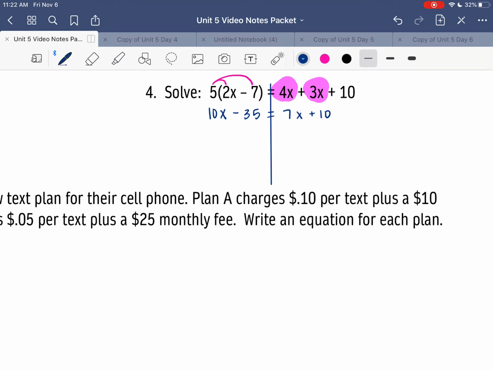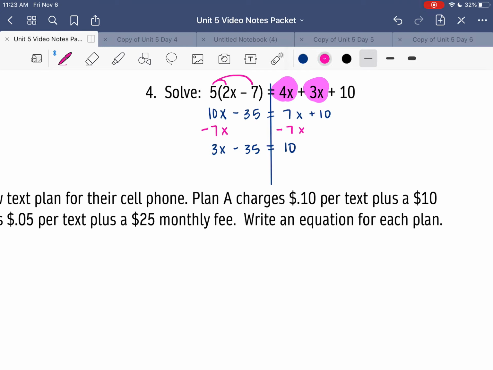I need to try to get my x's on the same side. So I like to move the ones from the right. If I want to move 7x, I'm going to subtract 7x on both sides, which will give me 3x minus 35 equals 10 will be left over here.